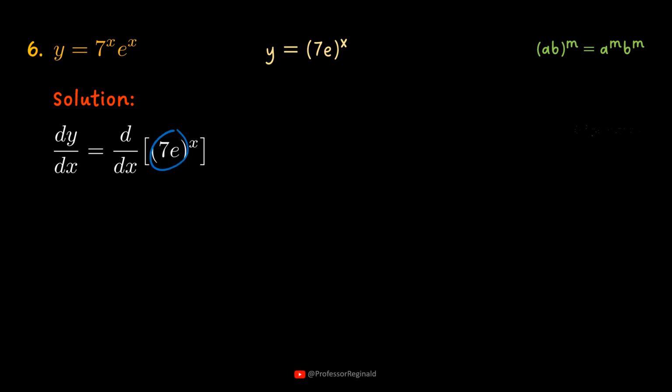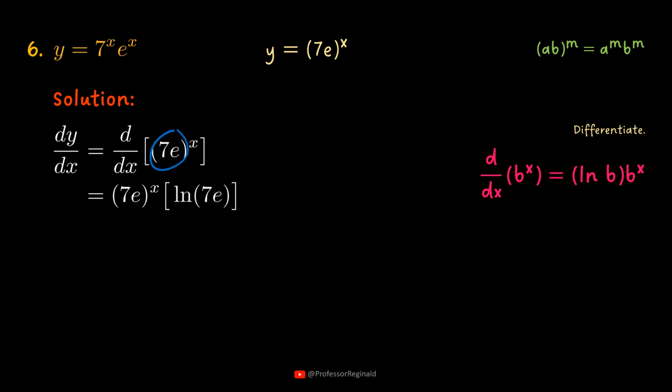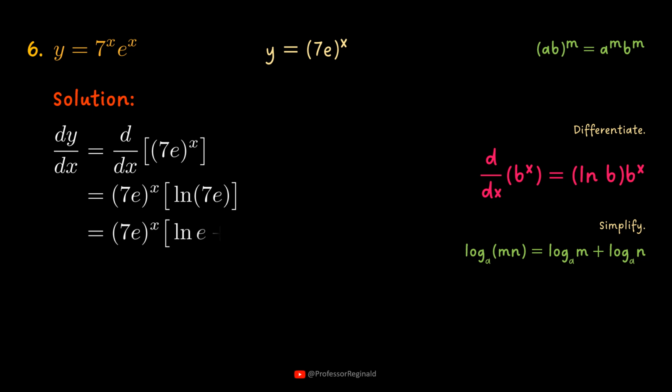Then differentiate using the general exponential function rule. Simplify the derivative using a property of logarithms. Hence, the derivative of y with respect to x equals 7e raised to x times the quantity 1 plus the natural logarithm of 7.